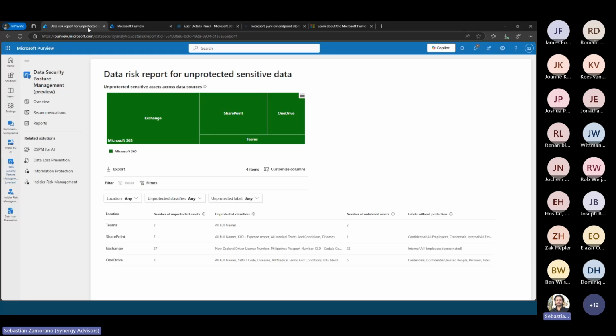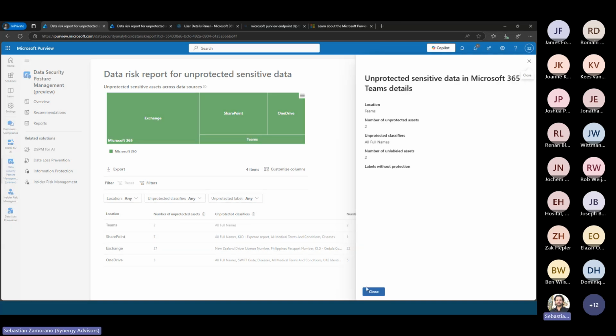We were discussing a couple of weeks ago with the product group, because this is something that is not available yet. Remember, this DSPM is in preview. The report only shows general information. You cannot double click.